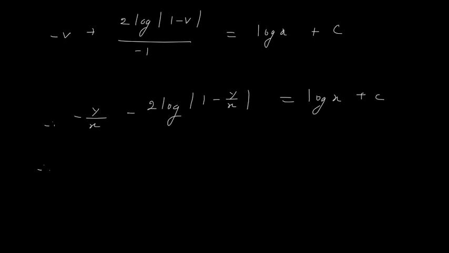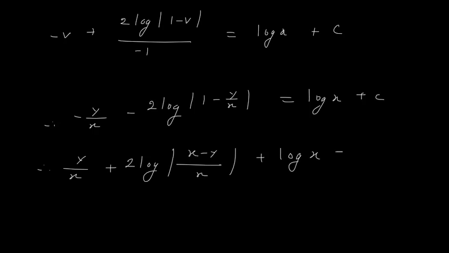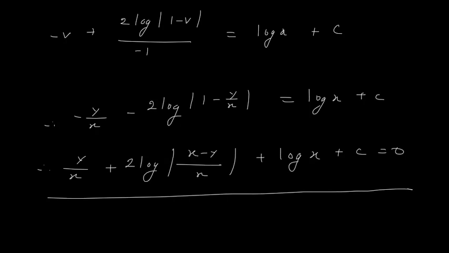Therefore I will move these to the right hand side, so I get y upon x plus 2 log of 1 minus y upon x plus log x plus c is equal to 0. This is the required solution of the differential equation.